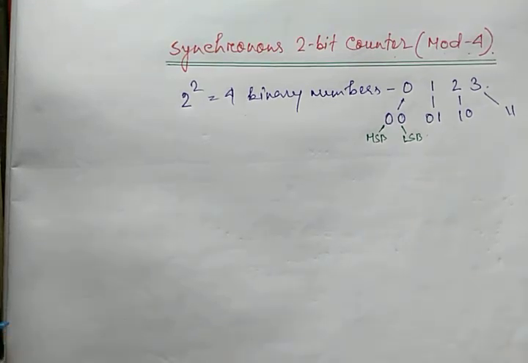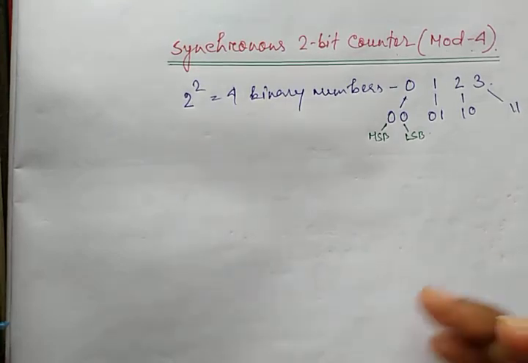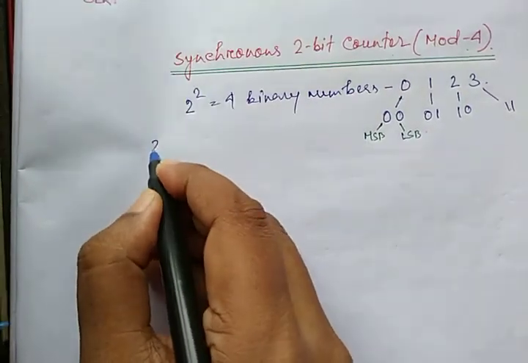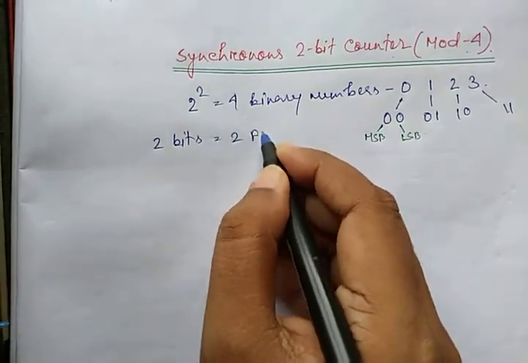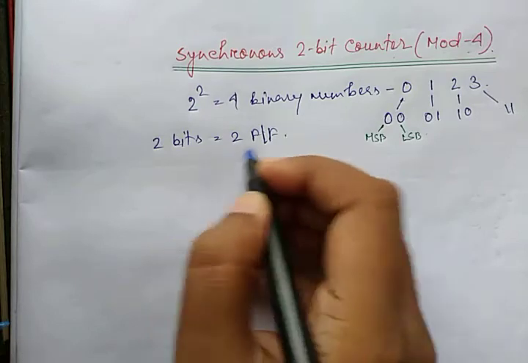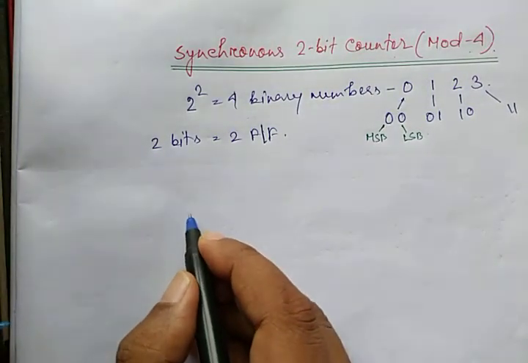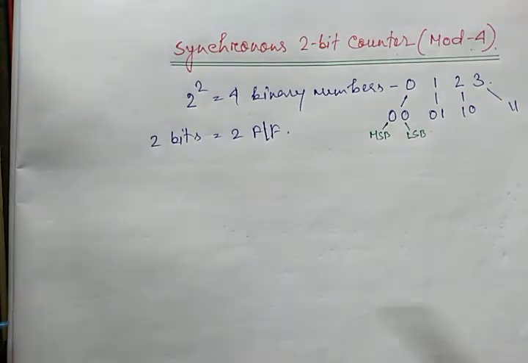So we can use either of them, but here we are going to use JK flip-flop. As this is a 2-bit counter, we need 2 flip-flops, because one flip-flop is used to store 1 bit.